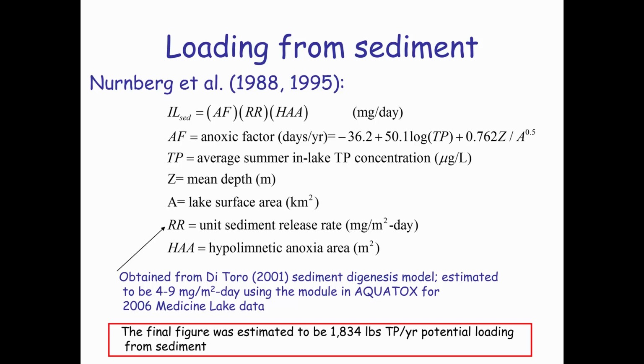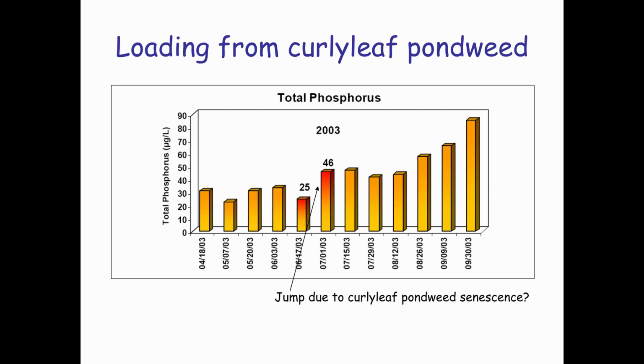Okay. The final figure then was that the amount of internal load from the lake bottom, the bottom sediments, was 1,834 pounds of total phosphorus. As evidence of the effect of curly pondweed die-off and decay, what's shown here is the total phosphorus in the lake for 2003.